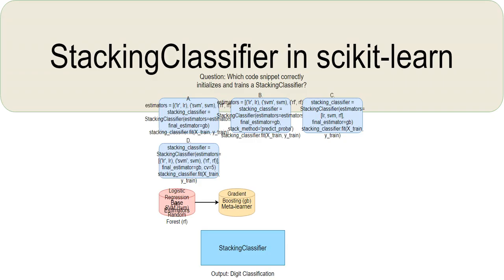Awesome! This question tests your understanding of how to set up and train a StackingClassifier in Sklearn. I'm checking if you know how to correctly use base estimators and a meta learner, and understand optional settings such as StackingMethod and CV.